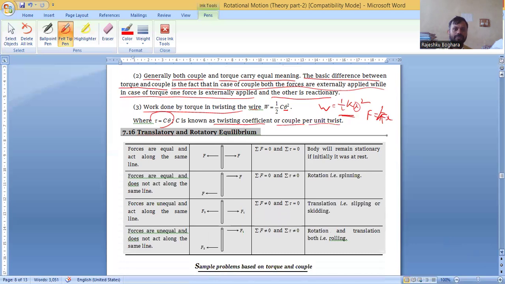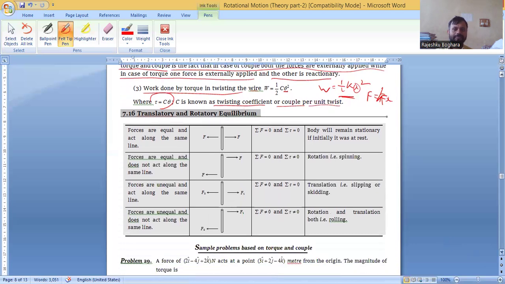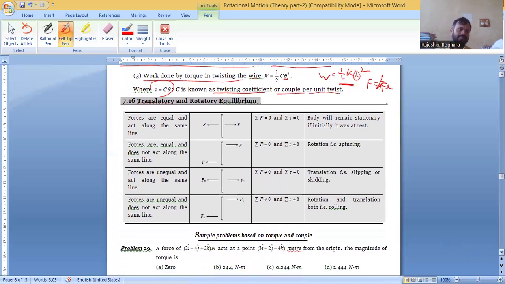Now we take equilibrium: translational and rotational equilibrium. First case: forces are equal and act along the same line.